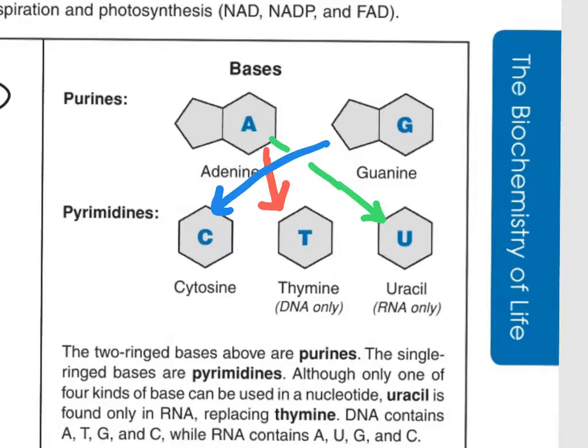So A can go with either T or U depending on whether it's RNA or DNA. G always goes with C. Notice that these are double rings, we call them purines. The G double ring always goes with a single ring. Always double ring with a single ring.